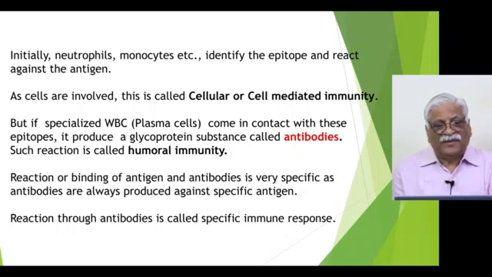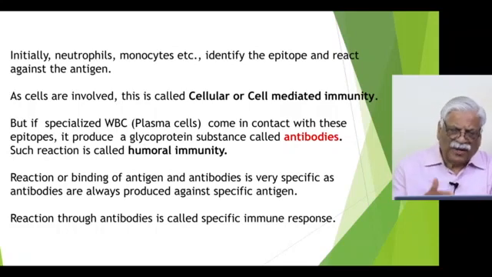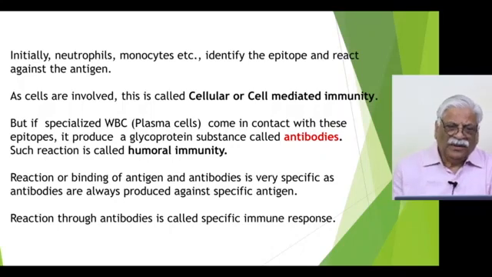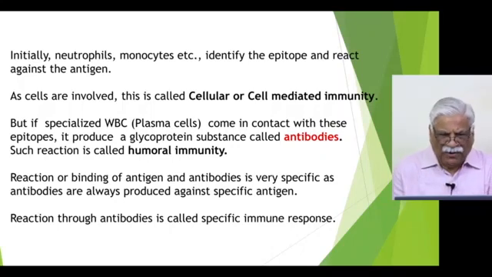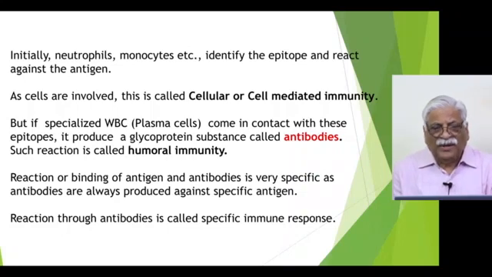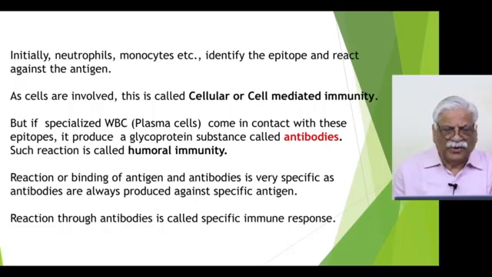But there are specialized cells like WBC, white blood cells, in our body, and when these cells come in contact with the non-cell substance or antigen, they are modified into plasma cells. These plasma cells, when they identify the epitopes, produce a glycoprotein substance known as antibodies.